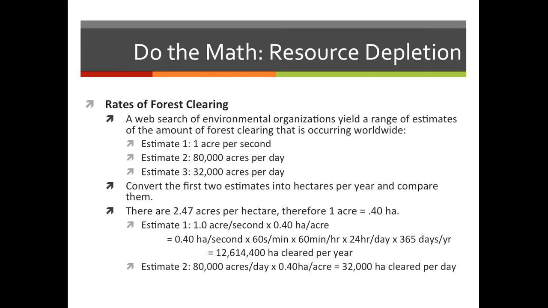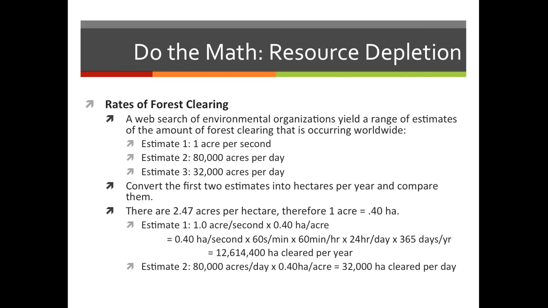Now let's go ahead and do the same thing for estimate 2. So they gave it to us in acres per day. We're going to use the same conversion factor. We had 80,000 acres per day times 0.40 hectares per acre. That gives us 32,000 hectares per day. Remember, we don't want hectares per day.